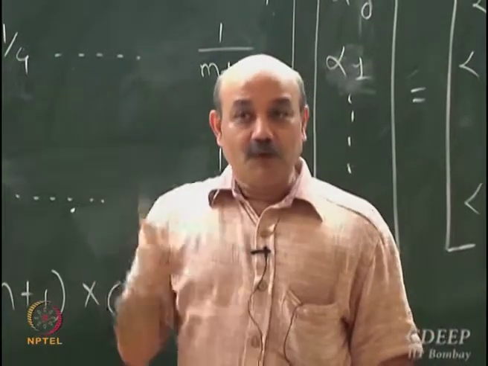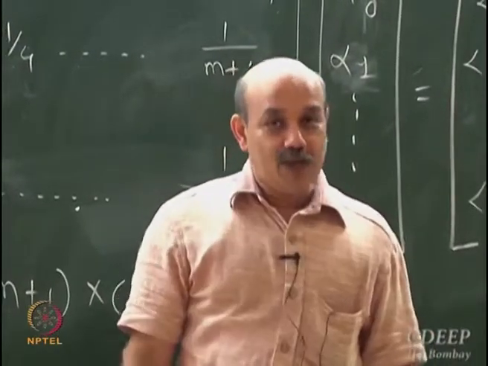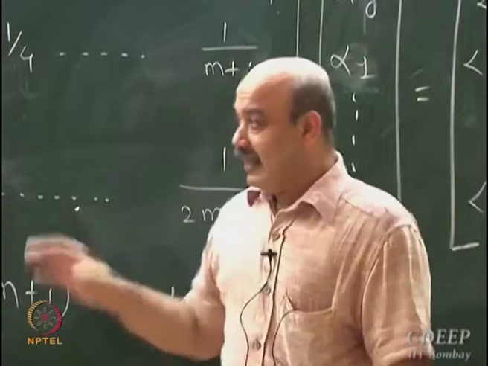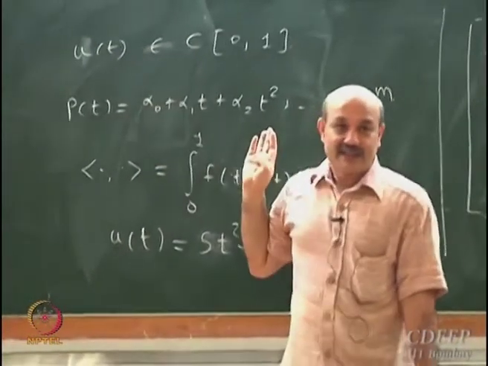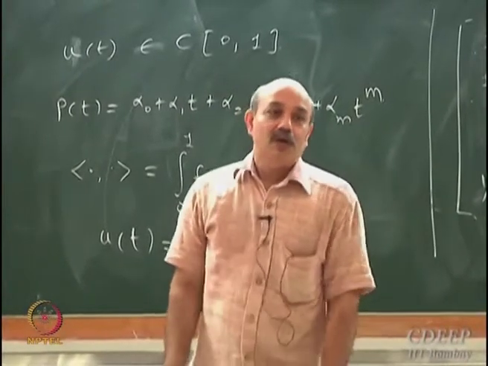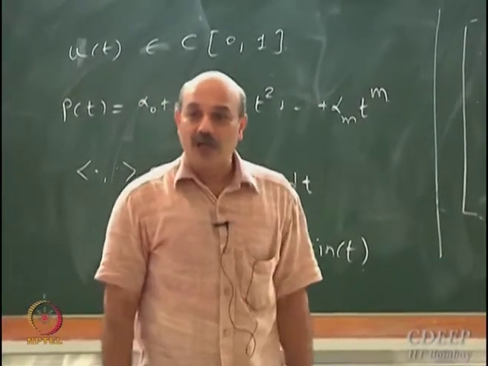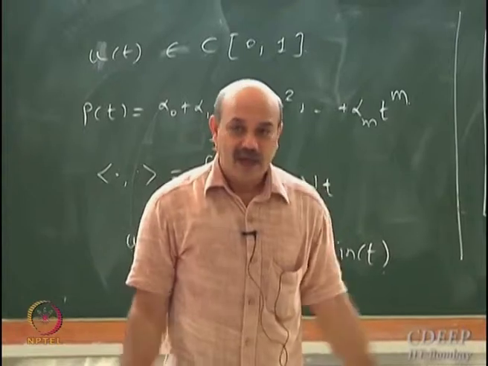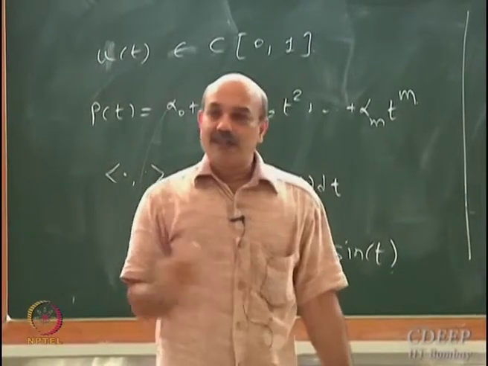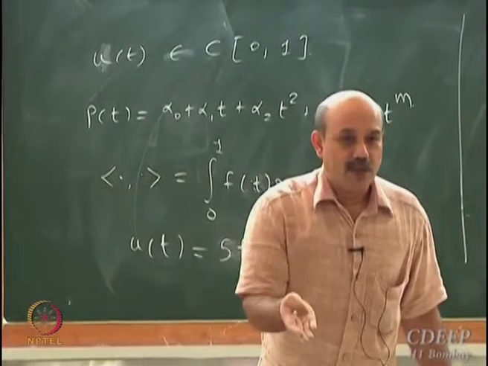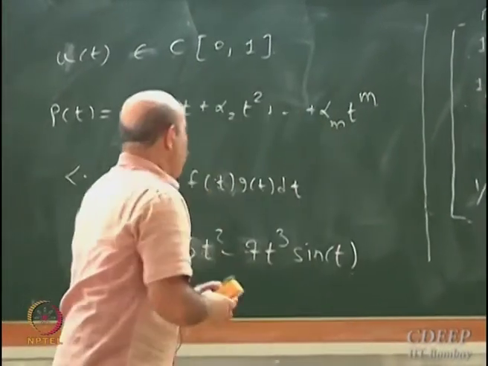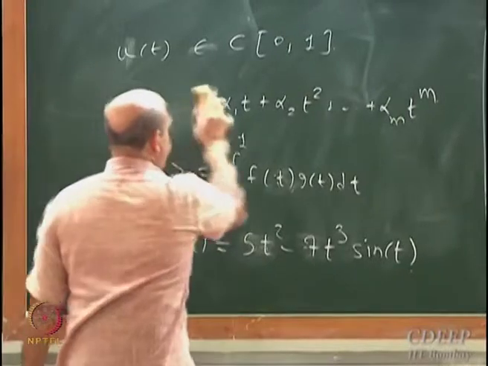So if I want to do polynomial approximations, what I'll do instead of using these raw polynomials is choose to use orthogonal or orthonormal polynomials. On 0 to 1, what is the orthonormal polynomial that we have constructed earlier? Shifted Legendre polynomials.